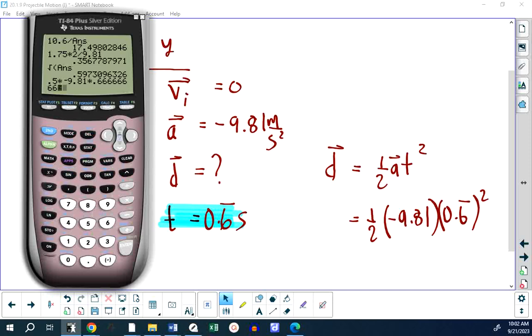That's good enough. Squared. Looks okay. Oh, I was off by a decimal. About negative 2.2.